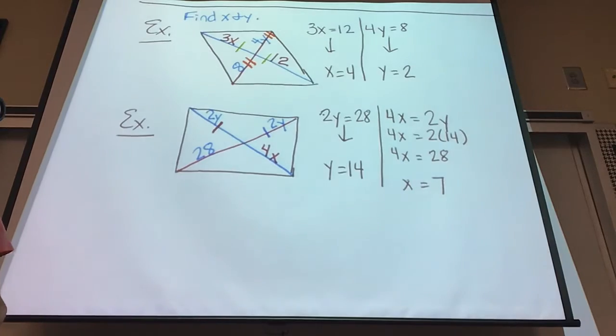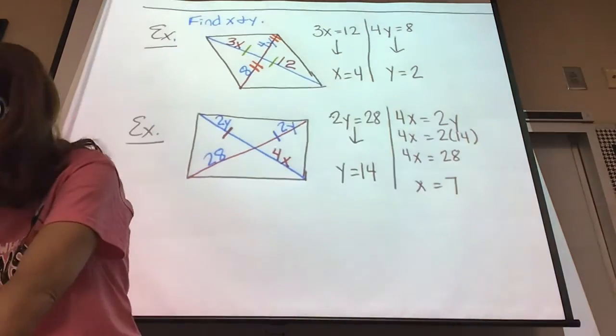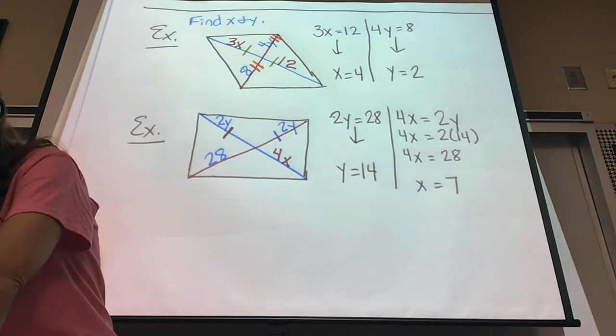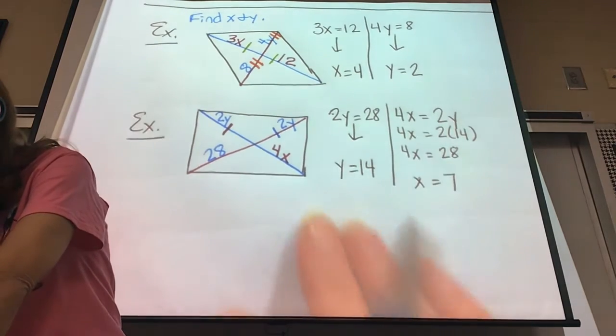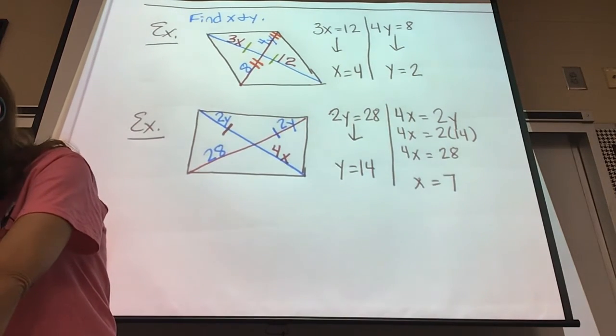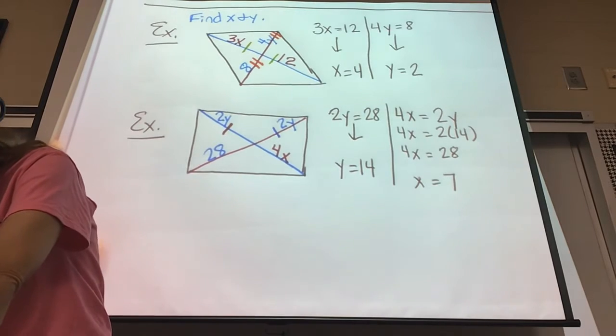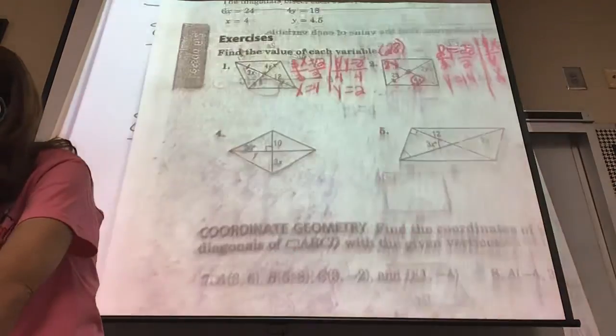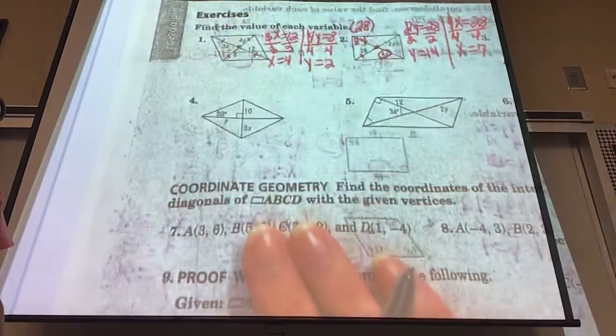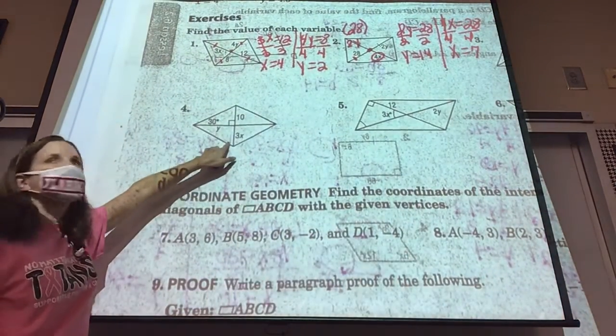Okay, let's try another one. Let's say this time you have a little diamond, you have a cat, you have something similar to that. If you can see that. It's this one right here.